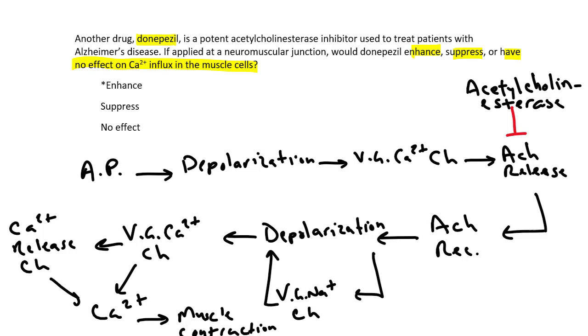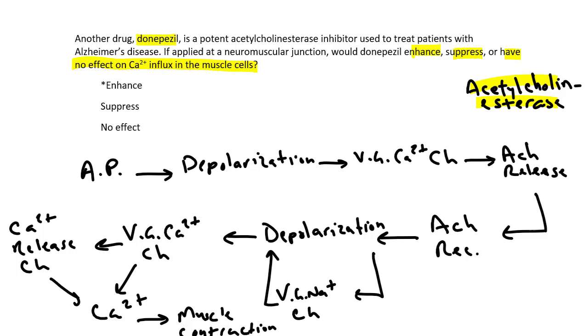So when we're looking at this and we're saying that our drug is an inhibitor of acetylcholine esterase, which is right here, that means that we are removing this inhibition, right? Or at least we're making that inhibition not as much as it was before.